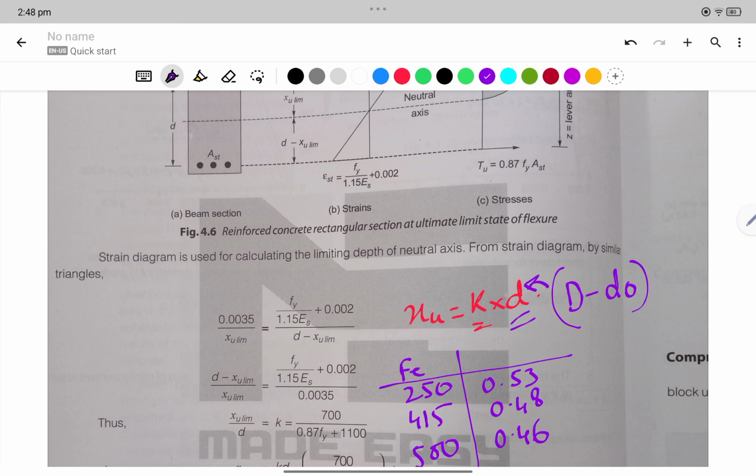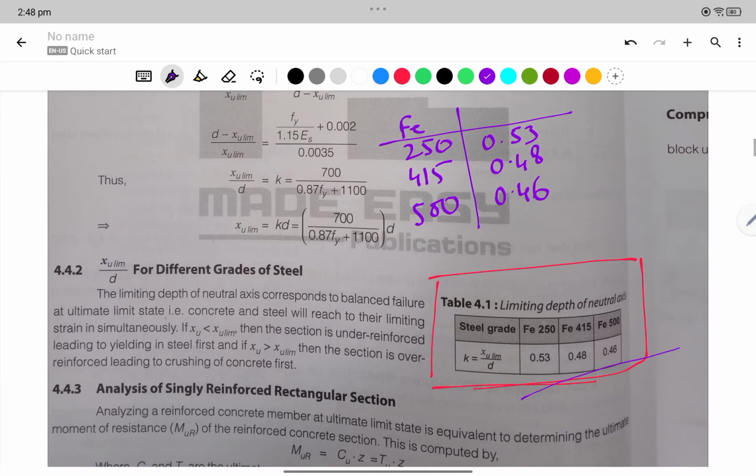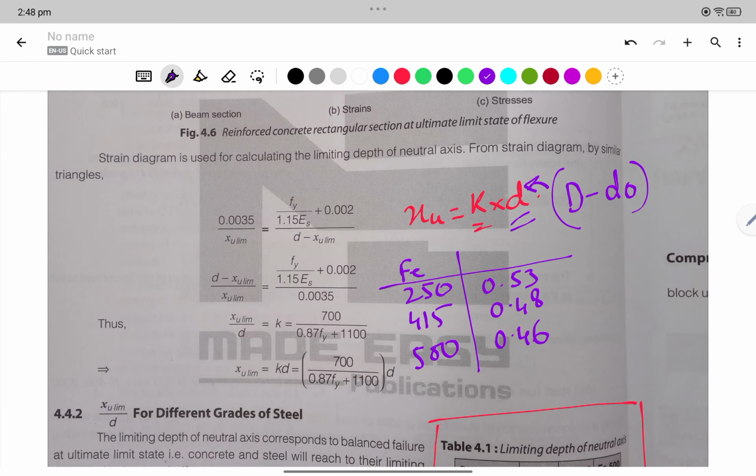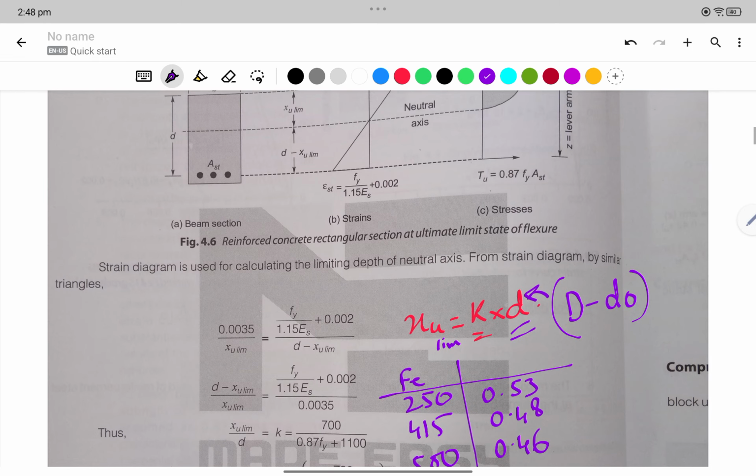So you have seen the XU limiting. Another formula we will need is XU. So how can we find that XU? We can derive it here only.